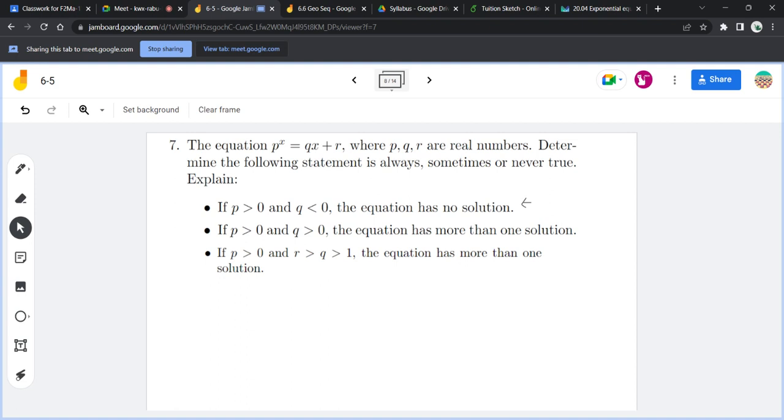Let me explain again. If the statement is true for any p, q, and r, then it is always true. But if there does not exist any p, q, r so that this statement is true, then it is never true.